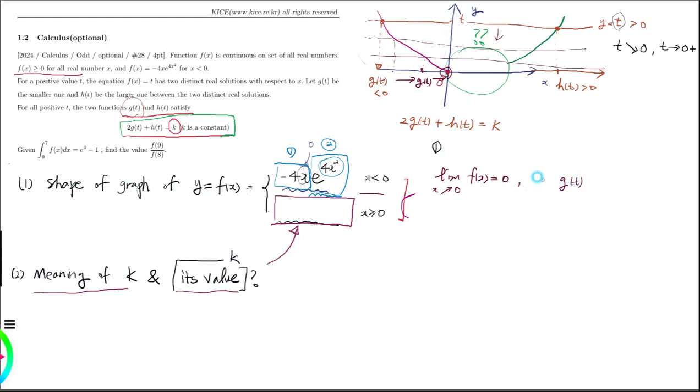So g of t, when t goes to 0 from above, will be 0.